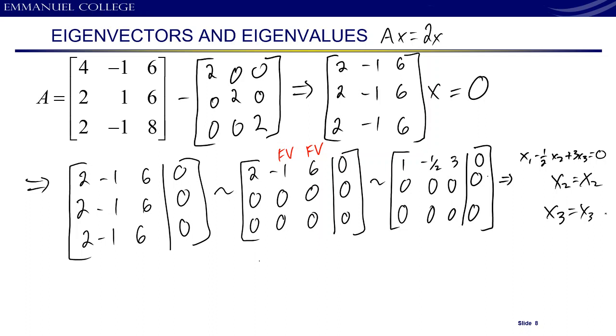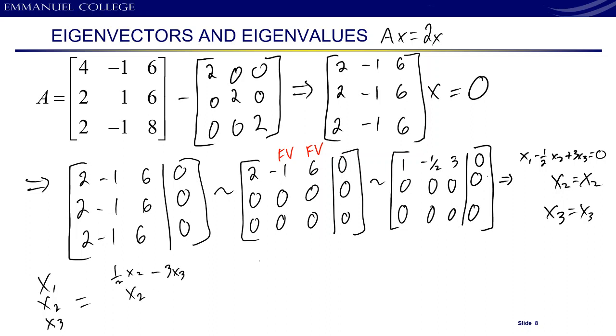So that means that we have x1, x2, x3 equal to positive 1/2 x2 minus 3x3.